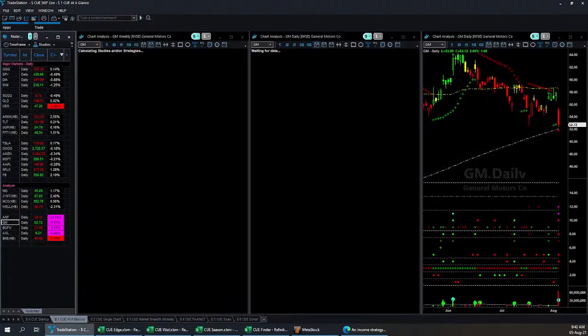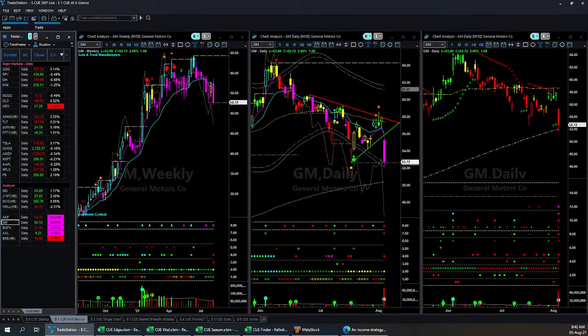GM, General Motors, announced earnings and dropped, stopped right at the trend line, right at the watermark support, where bullish headwind came earlier that accurately anticipated a price reversal. Now it is back at that level. Huge drop after earnings, though the earnings was not very bad.